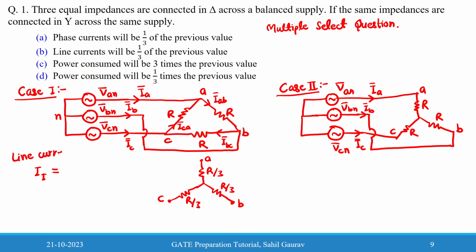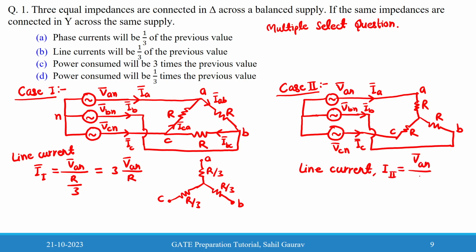So the line current in the first case you can write as VAN divided by R divided by 3, so you will get 3 VAN divided by R. And in the second case, the line current will be VAN divided by R. Therefore, we can see that in the second case, it is one third of the previous value.